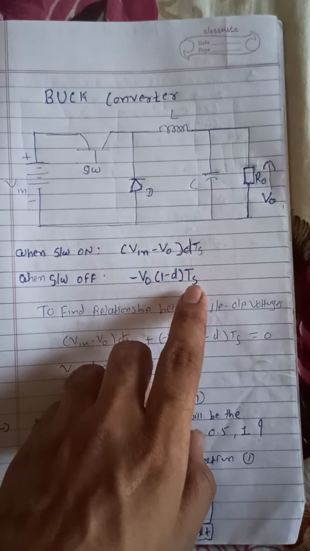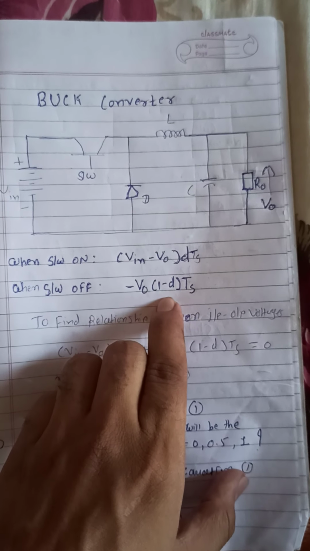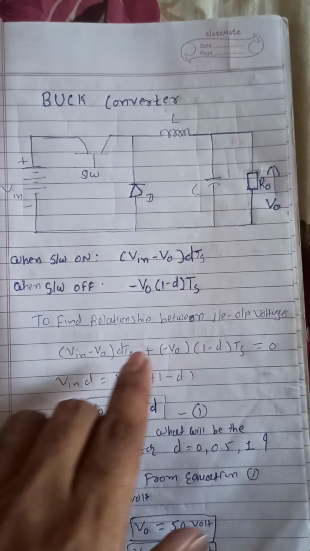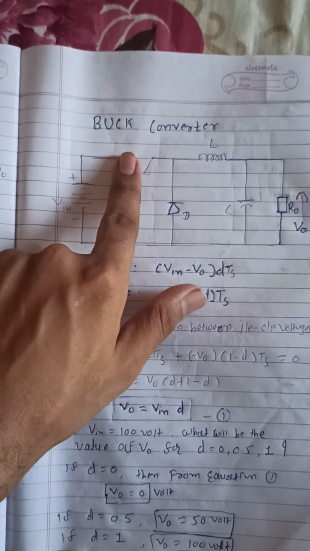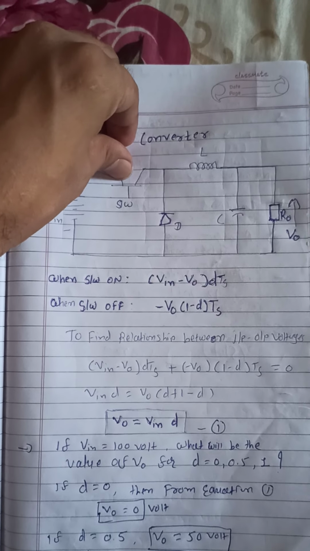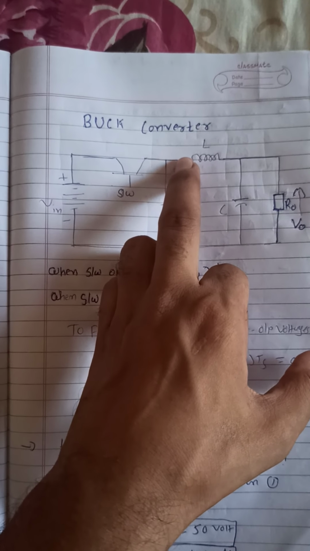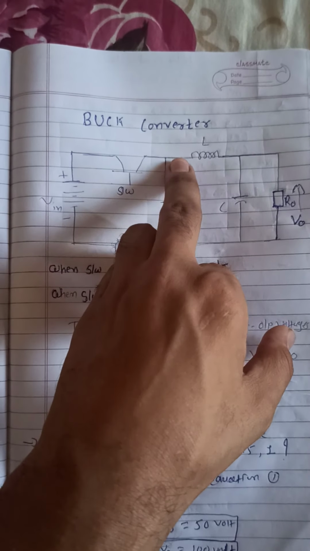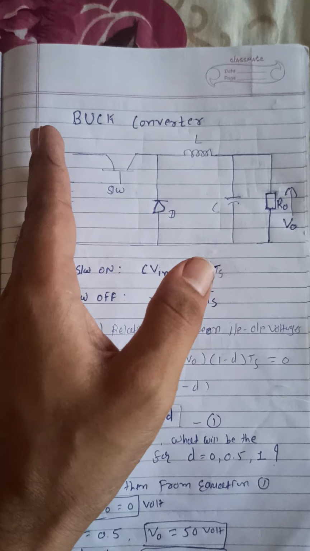Whenever your switch is off, that is the 1 minus D into Ts period, the off period, and D into Ts is the on period. Now let's say I remove the gate pulse, that means the switch is open. At the first terminal of the inductor, 0 voltage is reflecting, because the input source is disconnected.